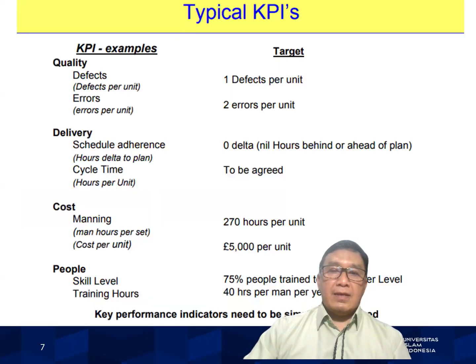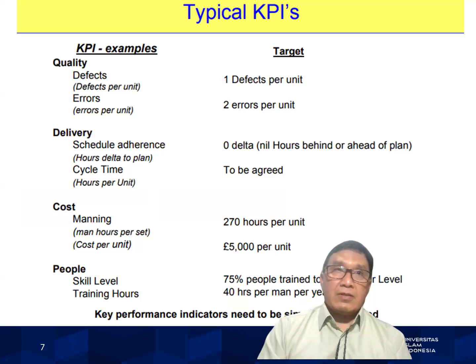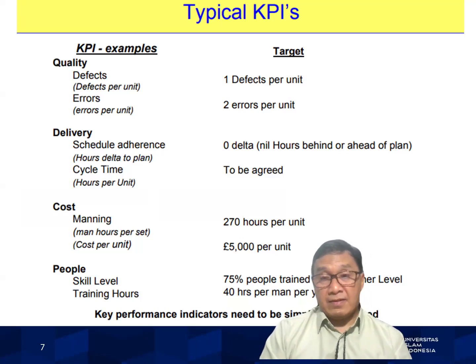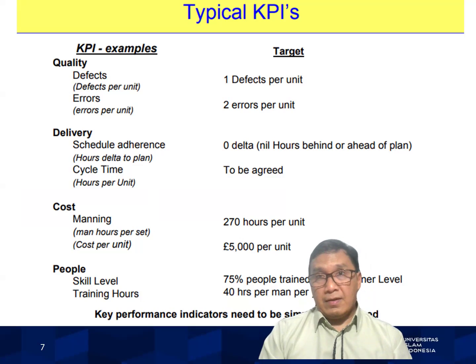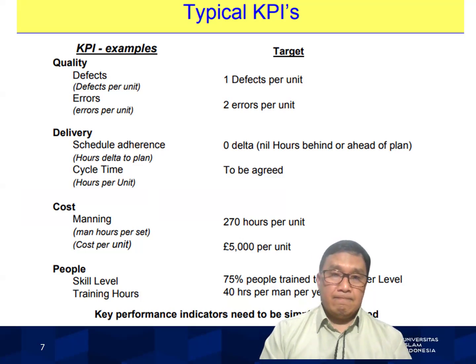Next is that the KPI has, as I mentioned, a quantitative and a qualitative part. The qualitative part, usually people call it the KPI variable. Like I said, inventory accuracy.